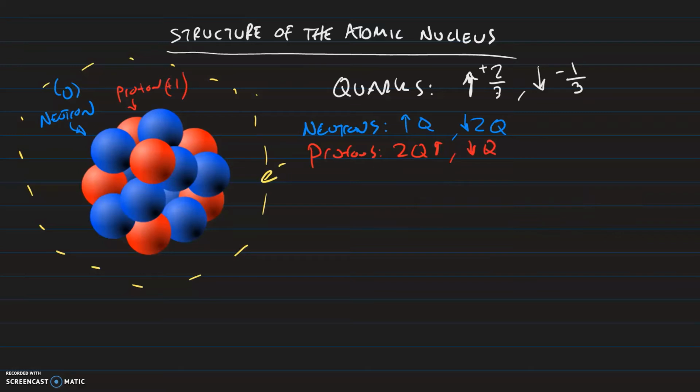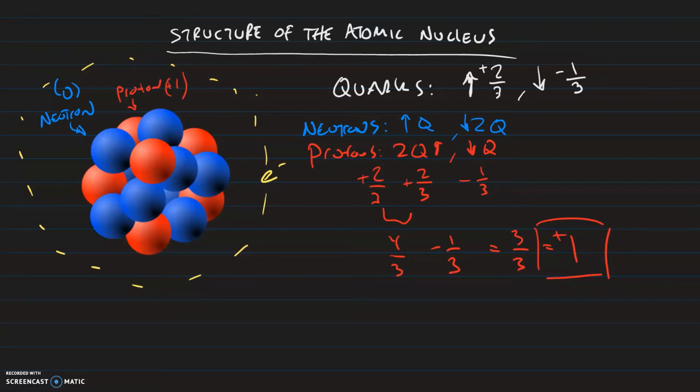So when we do the math on this, we get 2/3 positive plus another 2/3 for the 2 quarks that are going up, and then 1 quark going down, which would be a negative 1/3. So let's put these two together. That equals 4/3 minus the 1/3 that's remaining, which leaves us with 3/3, or in other words, 1 positive, which is where we get the positive charge on the proton.